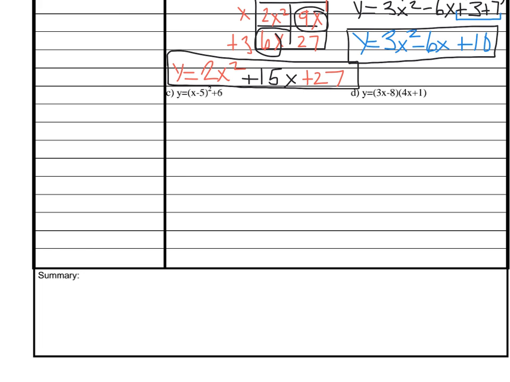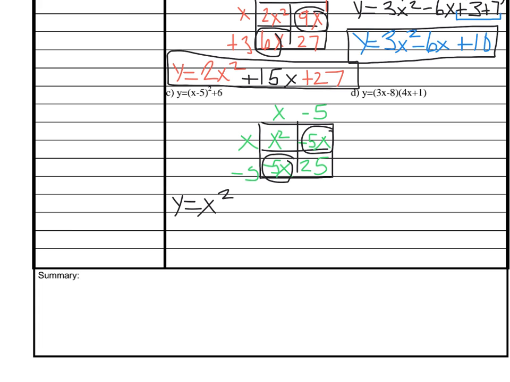Next one, we always start with our box. We expand. So x minus 5 is what goes on my box. X squared minus 5x minus 5x and 25 if I fill out my box. So now I can rewrite the equation and include what I just got from my box. Y equals x squared. Negative 5x and negative 5x is negative 10x plus 25.